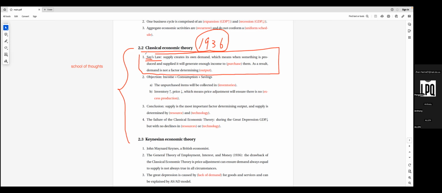So Say's law may be kind of confusing. Let's have a more specific example to illustrate it. We used this example before in notes number 1, to explain the income approach, how we use the income approach to calculate GDP.